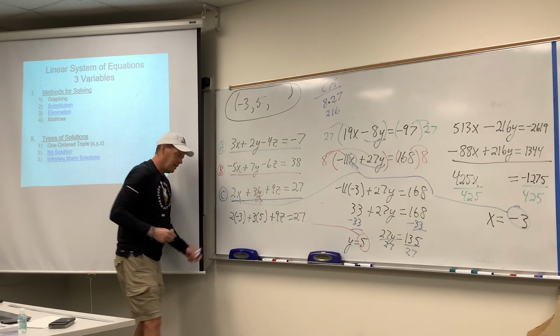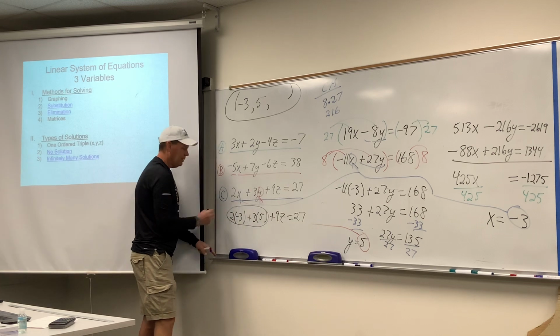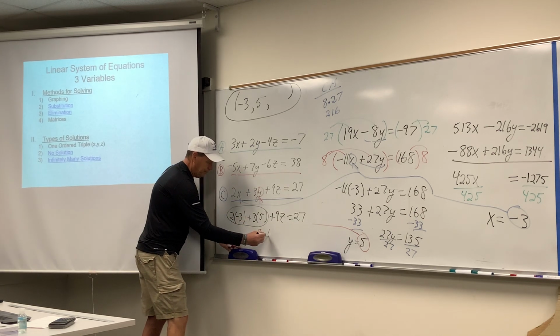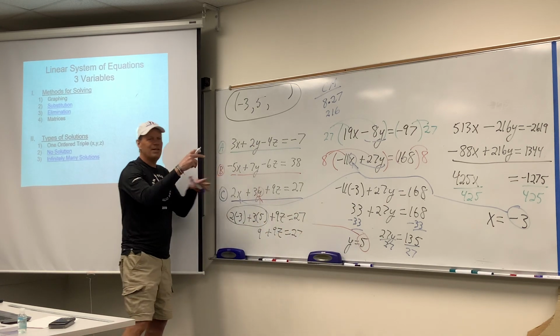And do arithmetic. All right. These are all numbers that can be crunched out. That'd be -6 plus 15, which is 9. We have 9 plus 9z equals 27. Word space is at a premium.